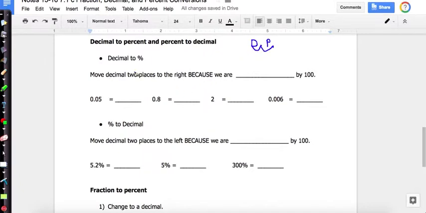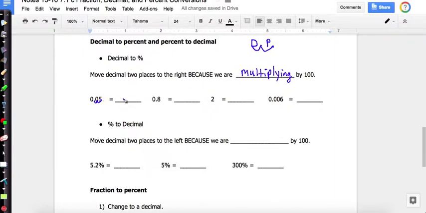Okay, now let's practice. To change a decimal to a percent, you move 2 places to the right because we are multiplying by 100. So look at the first example. Take the decimal and move it 1, 2 to the right.